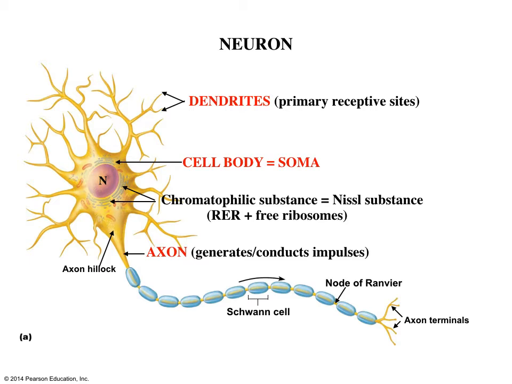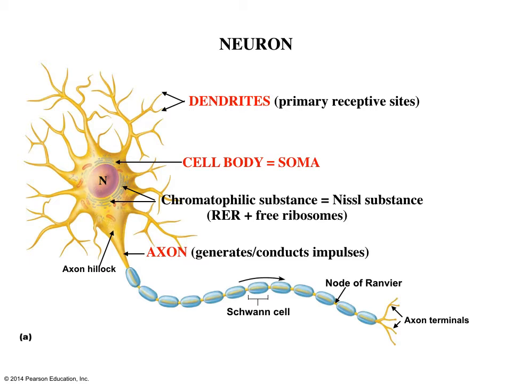And these clusters of RER and free ribosomes are called chromatophilic substance or Nissl substance. Chroma, color, philic, loving. These are structures that pick up or attract various dyes and therefore are highly visible with most staining techniques.